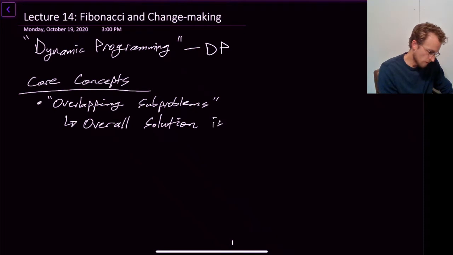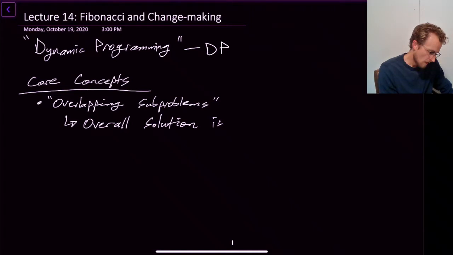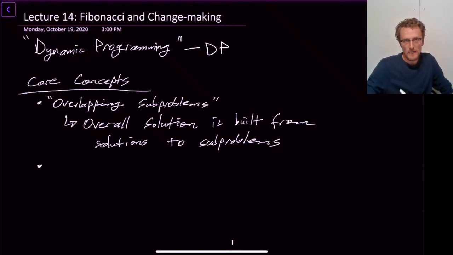Overall solution is built from solutions to subproblems. So what do we do with this? We do something in the second bullet point, where we carefully choose which of the subproblems need to be solved, go solve them, and as they are solved, we record their solutions in some kind of table.